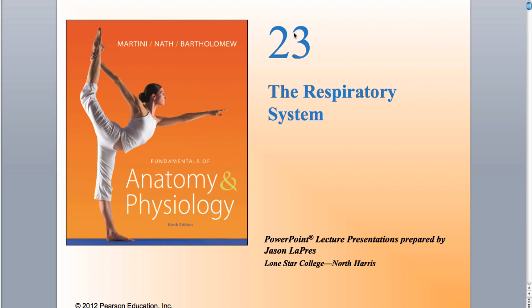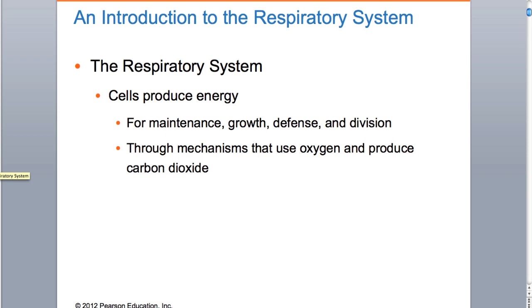Likewise, the respiratory system will play a minor role in the sense that it will deal with the respiratory's defense system. Now, our first slide that we're going to look at is this one, an introduction to the respiratory system.